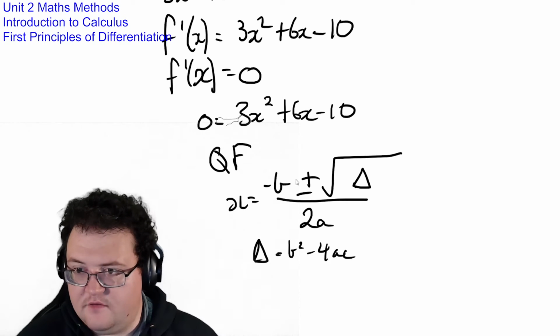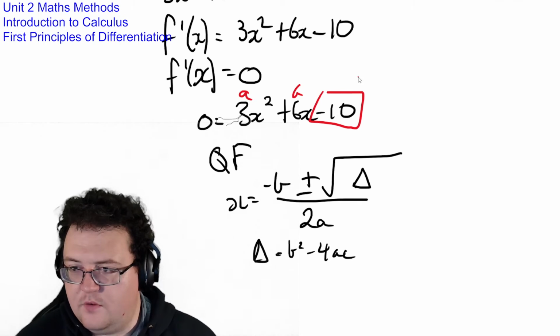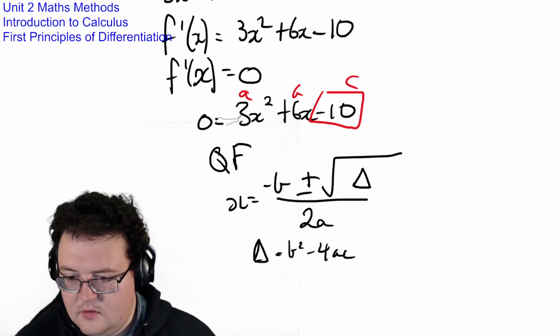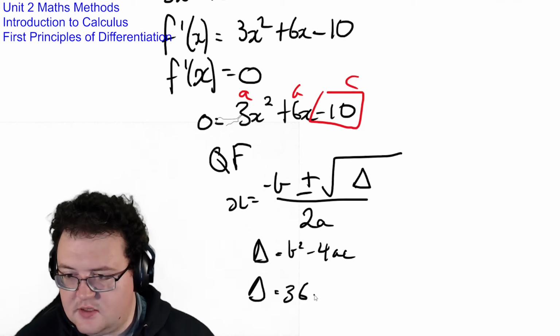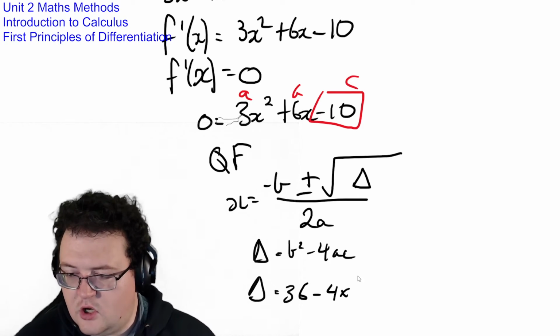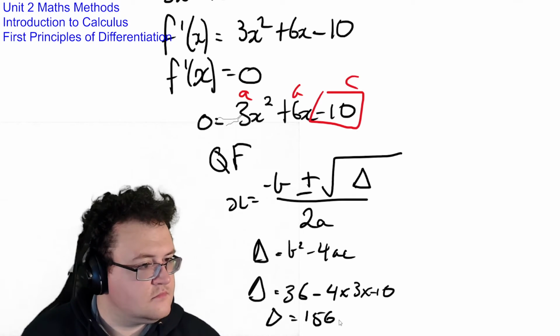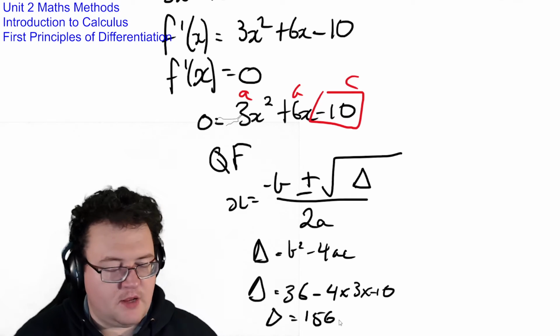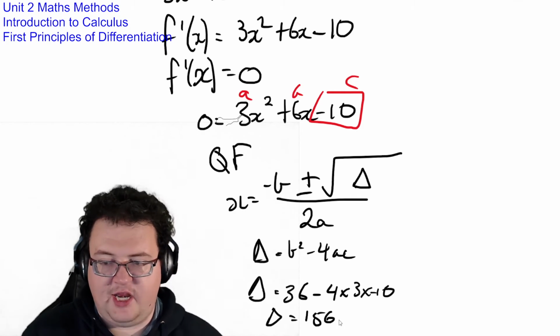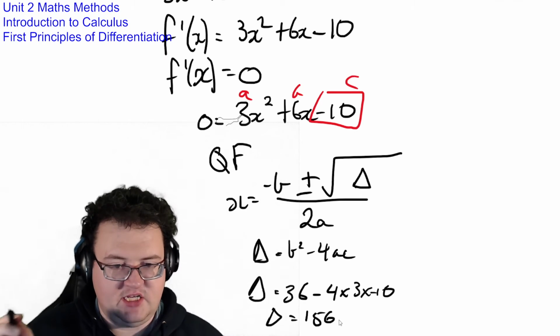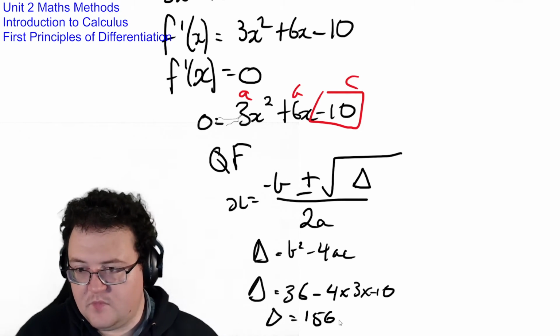So in this case, I've got a, b, and then that whole thing is c. So delta is 36 minus 4 times 3 times minus 10. So that's delta of 156. 4 times 3 is 12, times 10 is 120, minus times a minus is a plus. 36 plus 120 is 156.